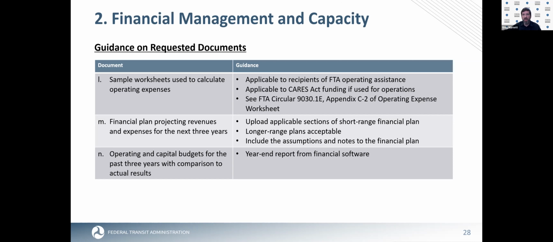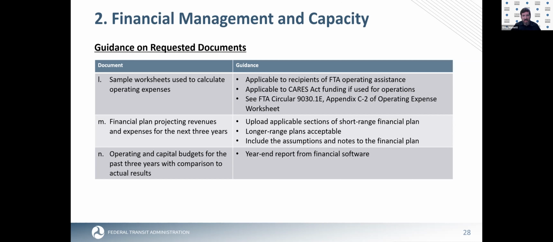You would also want to deduct any fare box recovery that you've gained there. So if you actually look at FTA Circular 9030.1E, specifically Appendix C2, there's a nice operating expense worksheet there. So if you are not aware of that guidance, that's a nice place to look.